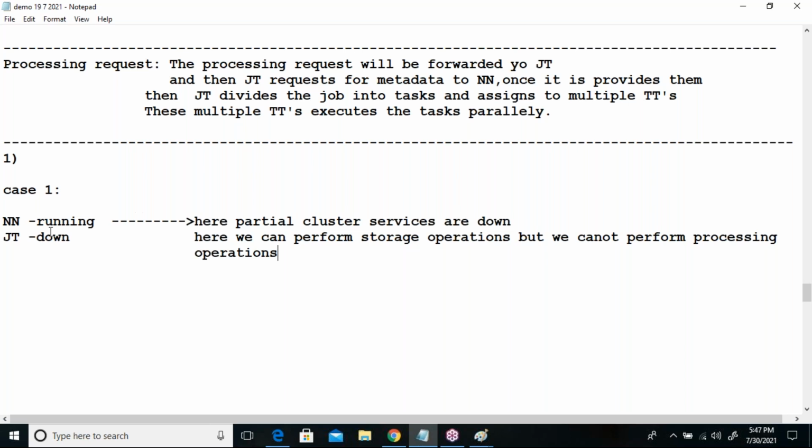See, name node is running, job tracker down means partial cluster service. Here we can perform storage as name node is running, but we cannot perform processing operations.